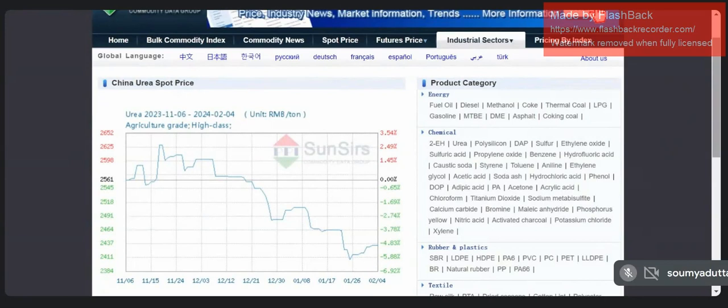What we look at here is volume. Now let's say a company is going to give good results. Some people who already know this would buy.